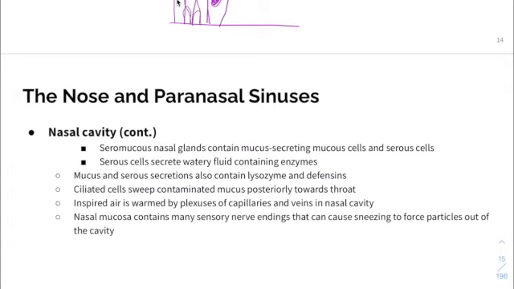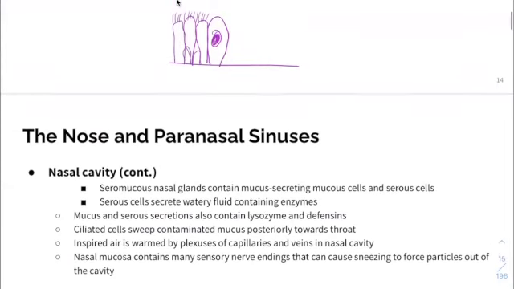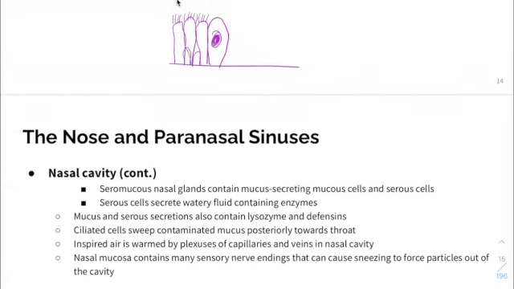Those enzymes can be used to help kill different foreign invaders. They have lysozyme in there and defensins. Those help to get rid of any foreign invaders that may have come into the body. And as I just drew those ciliated cells up here, these help to push mucus towards the throat. So as this mucus gets secreted, it's pushed towards the throat so you can pretty much swallow it down.